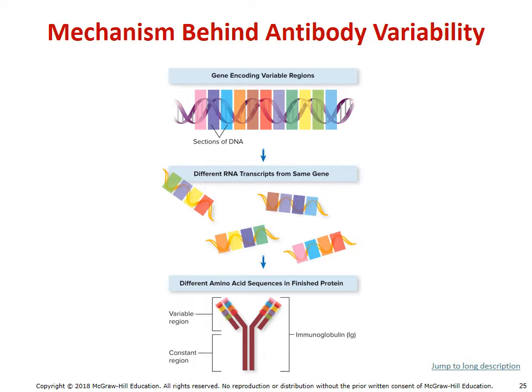So this is an illustration of how it works in B cells. Notice that we have a whole section of the genetic code here, but each part is responsible for a tiny piece that could make up the pieces for recognition in the variable region of the antibody, or in this case the B cell receptor attachment site. And the idea here is that by choosing different combinations of genes, we get different combinations in that variable region.